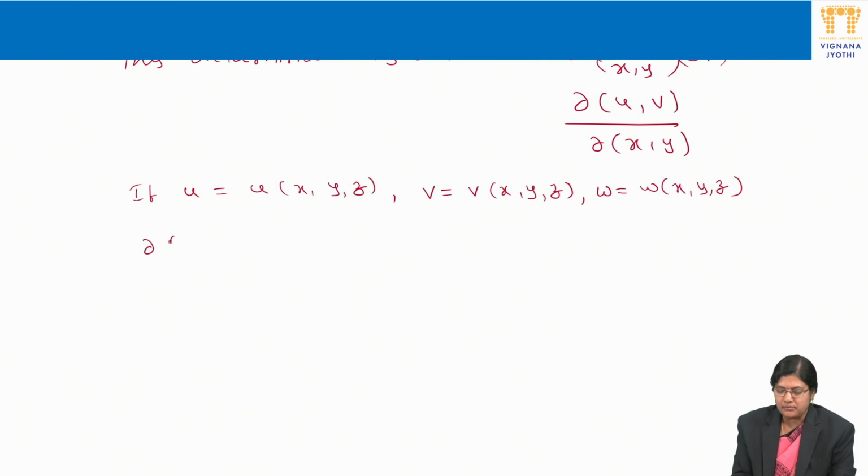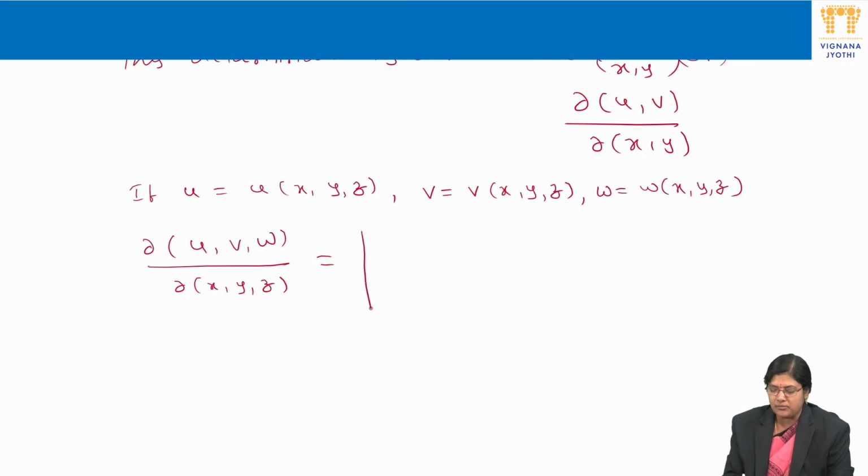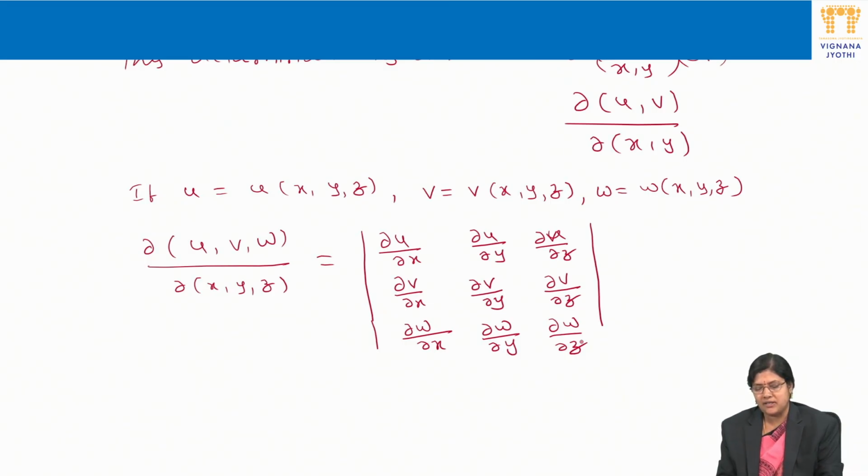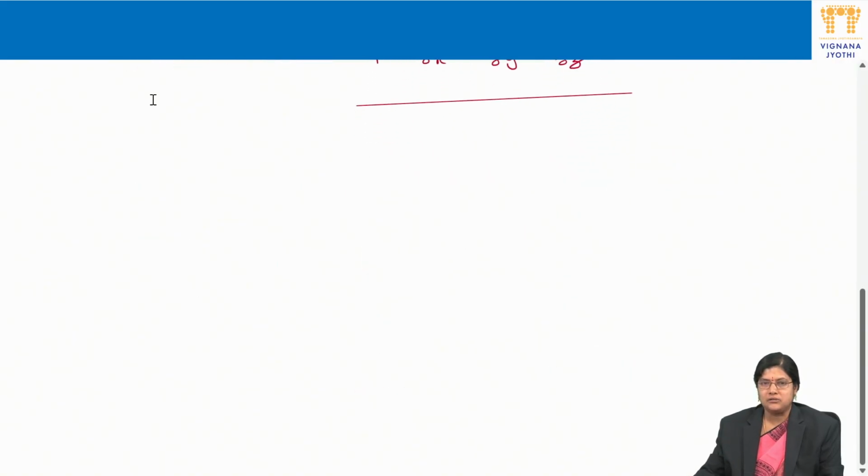Then the Jacobian determinant of u comma v comma w with respect to x comma y comma z can be calculated using the determinant with rows: dou u by dou x, dou u by dou y, dou u by dou z; dou v by dou x, dou v by dou y, dou v by dou z; dou w by dou x, dou w by dou y, dou w by dou z. Therefore, the Jacobian of u comma v comma w with respect to x comma y comma z can be calculated using this determinant.